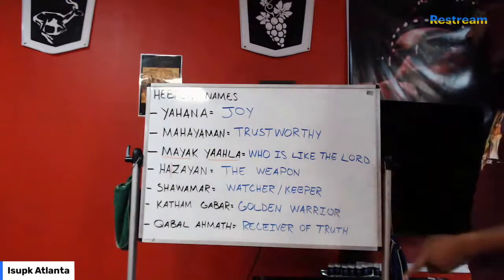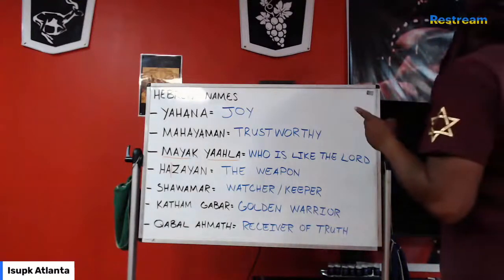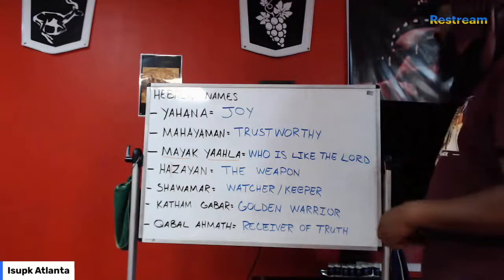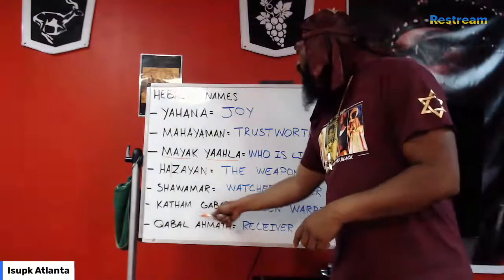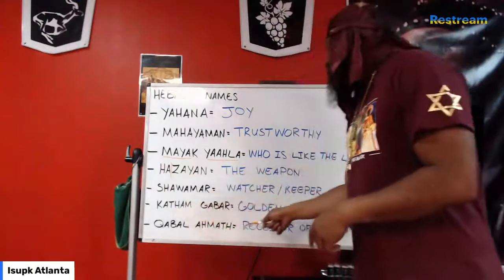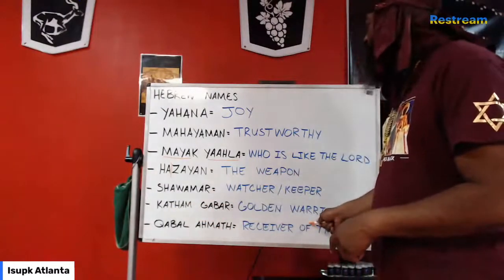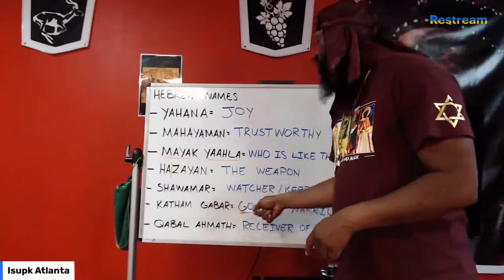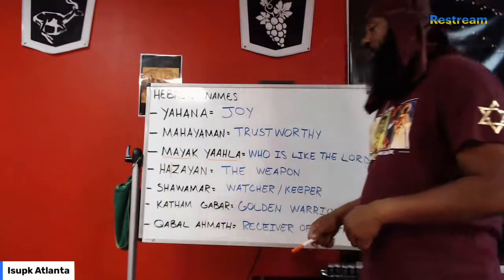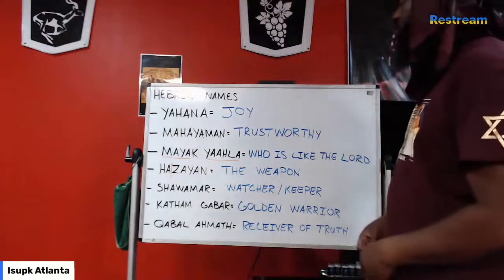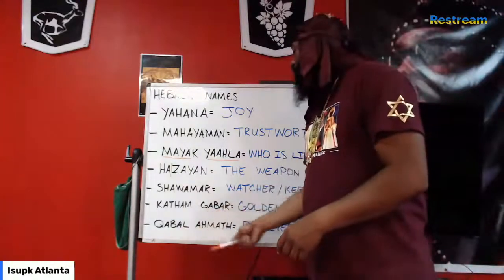And what was the meaning? Warrior of the Most High. And then look what we have here. Katham Gabar. We already know that Gabar means warrior. Katham means golden. Gold. Very good.